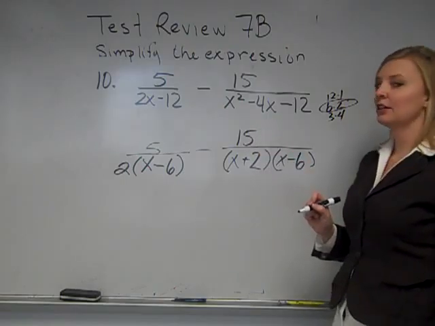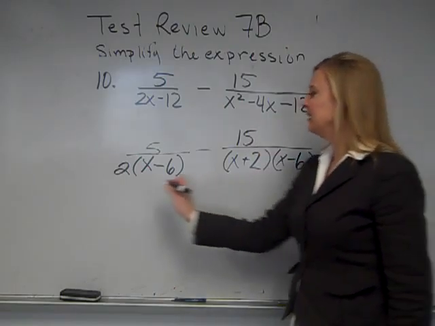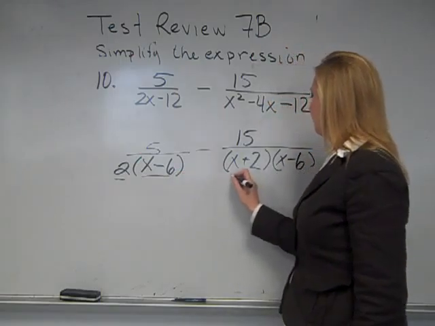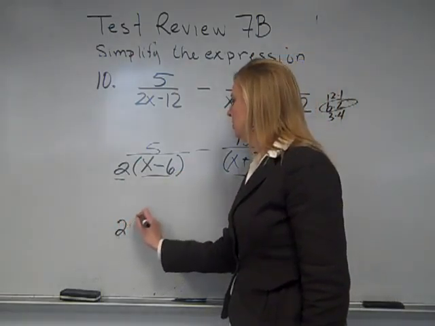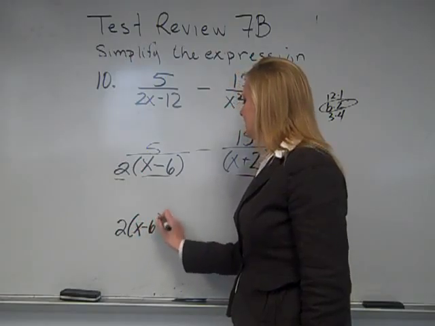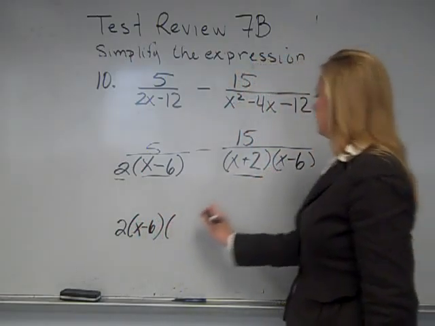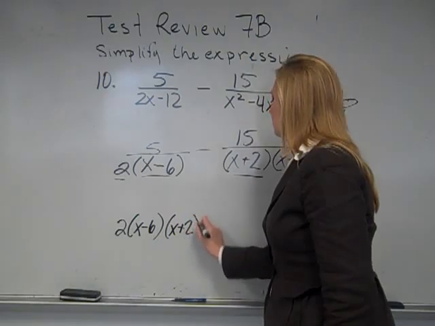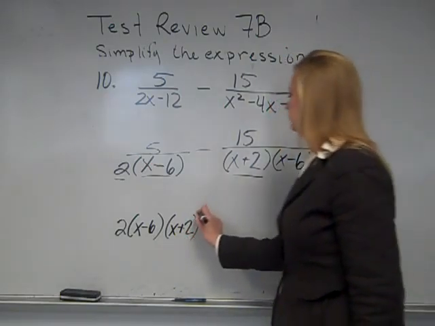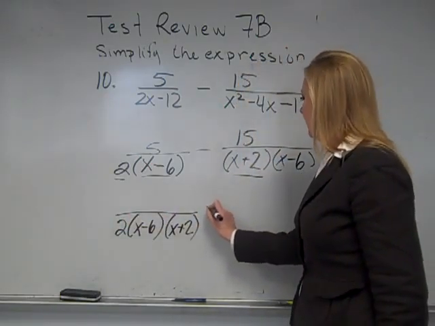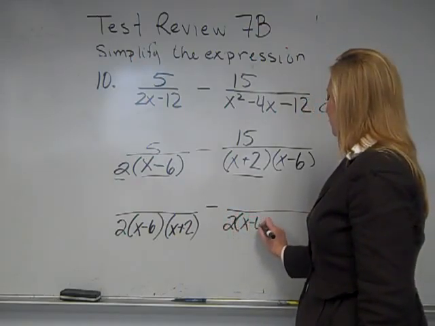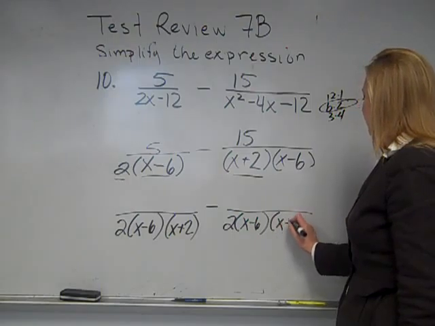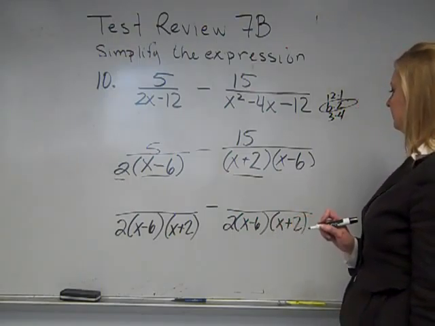All right, common denominator. I need each of the factors in my common denominator. I need a 2, I need an x minus 6, I need an x plus 2. Minus, I need a 2, I need an x minus 6, I need an x plus 2.